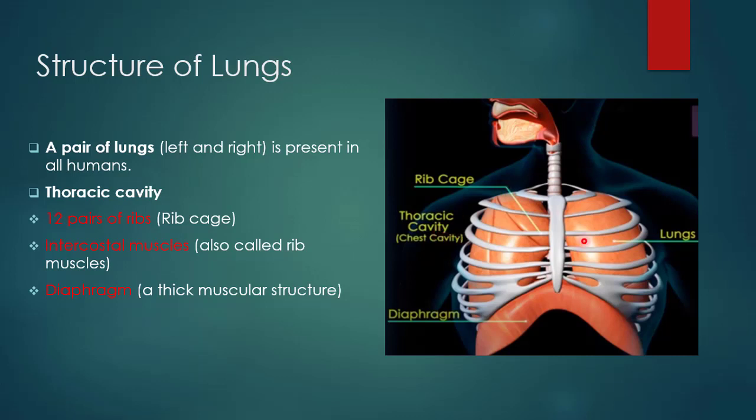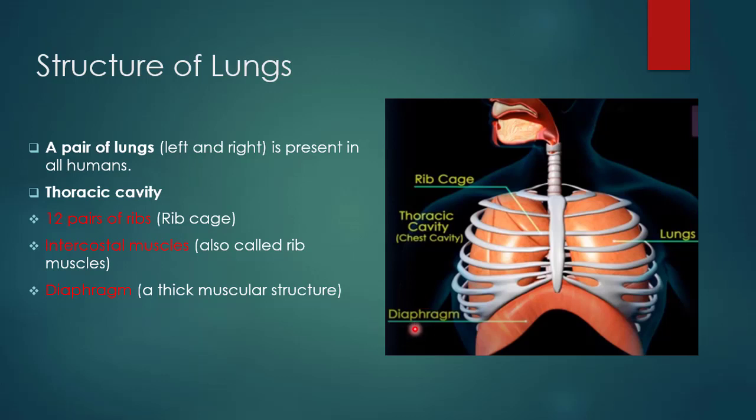Apart from this thoracic cavity, you can see 12 pairs of ribs, which are collectively called the rib cage. Along with this rib cage, there are some specific muscles called rib muscles, or you can say intercostal muscles. And at the end, you can see a dome-shaped structure or a fibrous sheet, which is called the diaphragm.